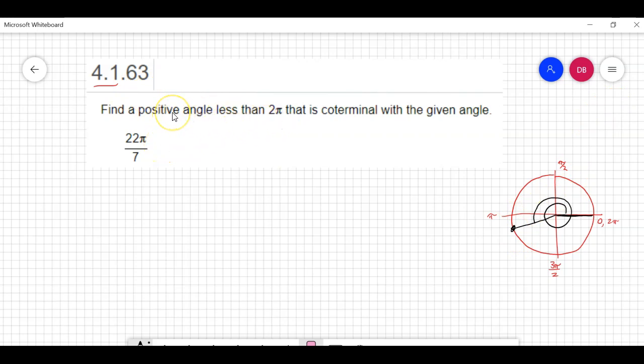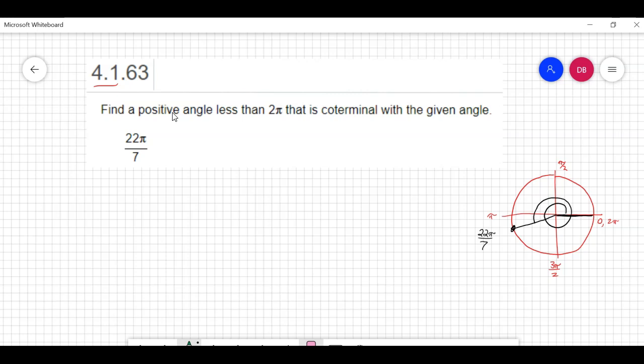We're being asked to find one that's between 0 and 2 pi, which just means one swoop around. Coterminal means something in that green circle that stops at the same place where 22 pi over 7 stops, at that black dot.